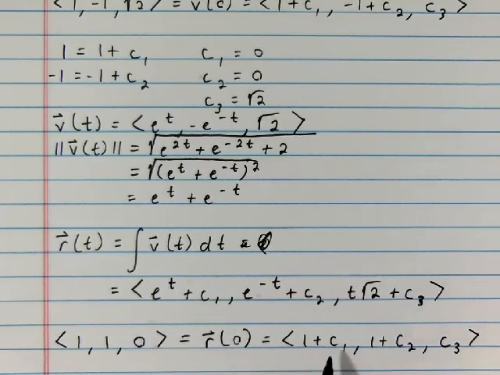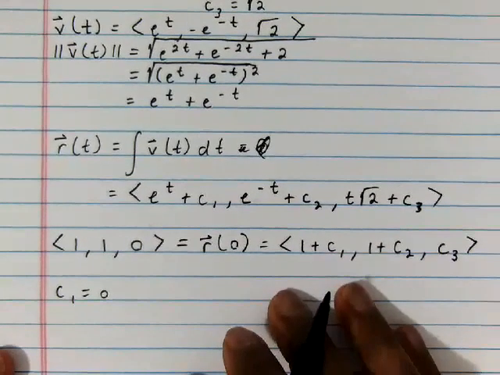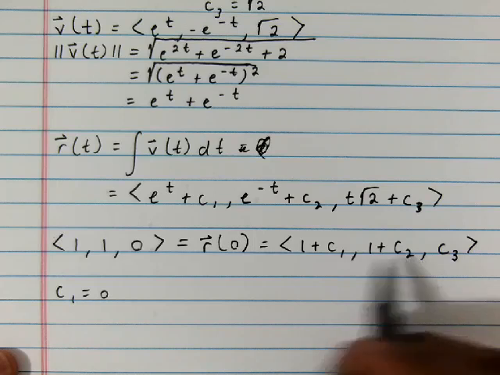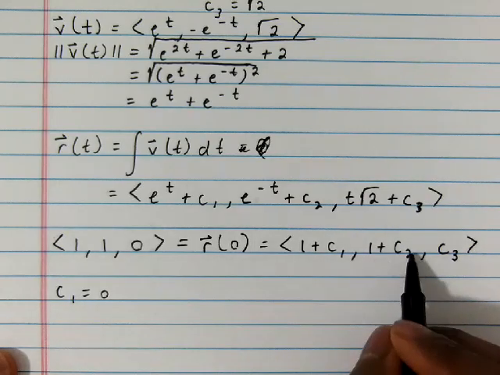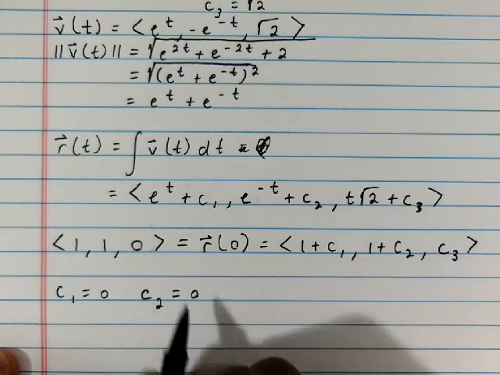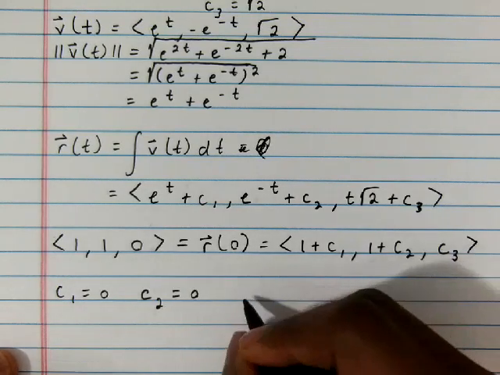So same thing that we got before: 1 equals 1 plus c1 tells us c1 equals 0. And then 1 equals 1 plus c2 tells us c2 equals 0. And lastly, 0 equals c3.